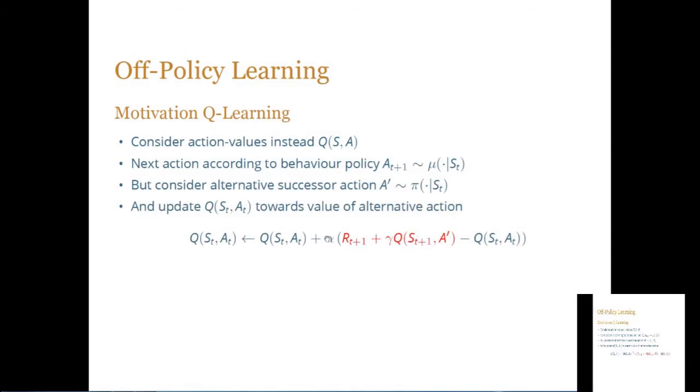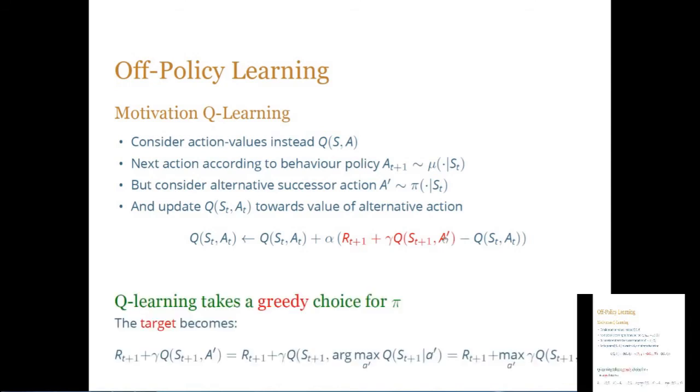So this is our update. Instead of using the action that we chose from our behavior policy, we're going to choose A prime, which is taken by the target policy. And the update in our Q values is going to be towards this alternative action. So here we have A prime. What is Q-learning doing? Well, Q-learning is a particular choice of A prime.